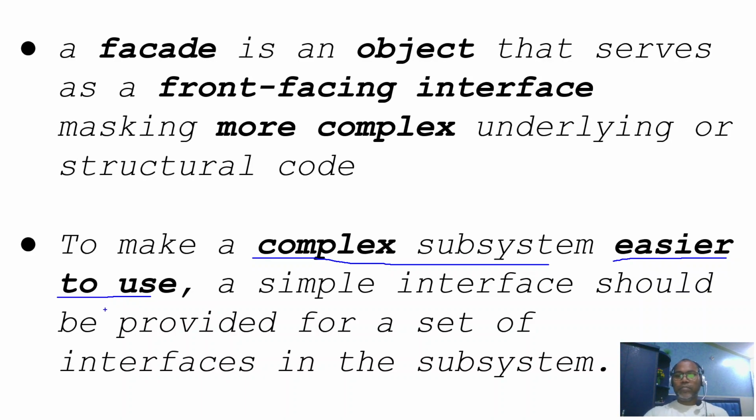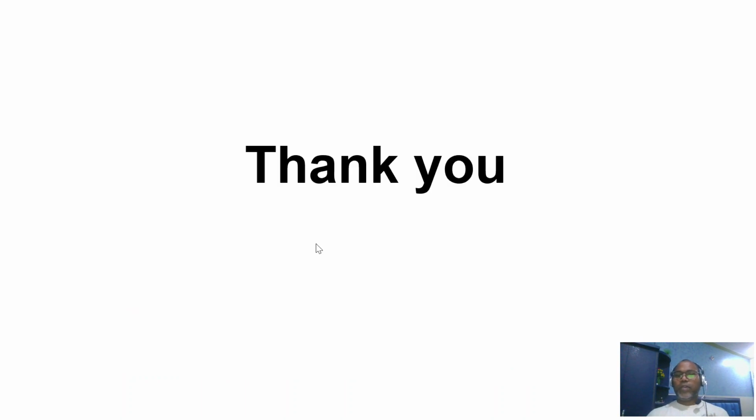So this is about the facade design pattern. Now it's clear. The facade design pattern just helps your client access your system more easily. As a software provider, this is our responsibility.